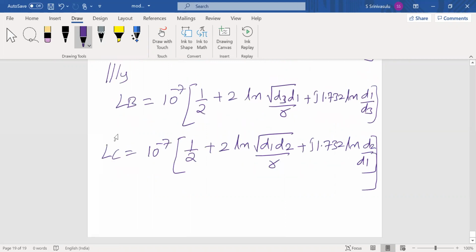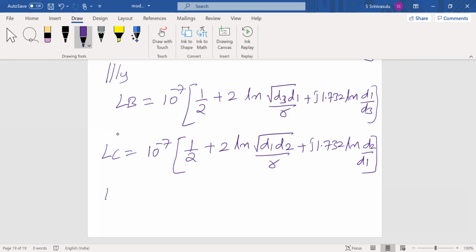Okay, next. Suppose in the case of unsymmetrical spacing, what happens? We have to overcome that. We have to transpose the conductor at each interval, equidistance, L by 3 distance, L by 3 distance. For that, we have to consider only the average inductance. The inductance of each line conductor we consider as an average conductor.